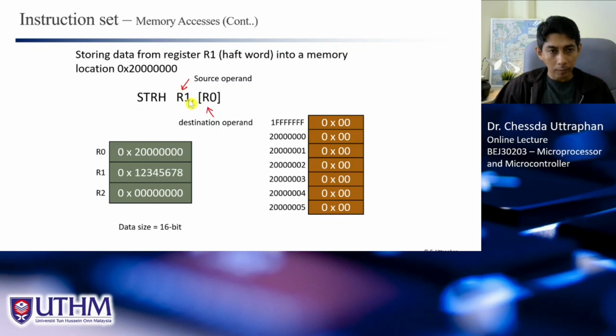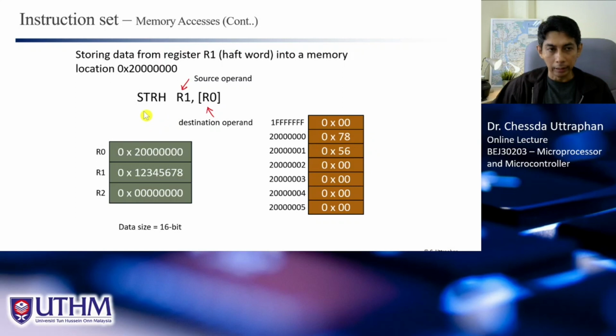So if R1 is this, and the effective address is in R0, which is 20000000, after we execute this instruction we only have these two memory locations that need to store this data, and this is what we get, 7856, little endian, right?